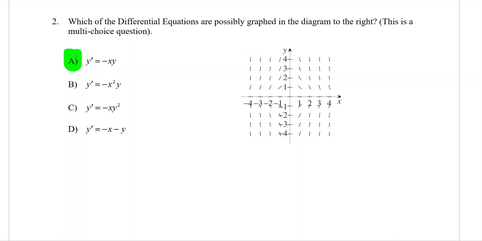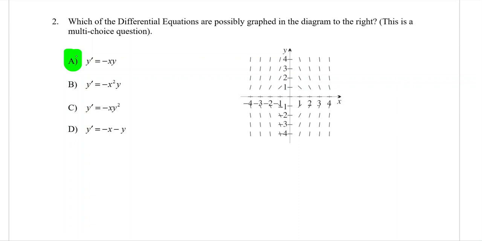So what you want to do is check the solutions by testing different points around your Cartesian plane. I'll start with the ones that don't work, and we can see why these ones don't work. Let's start down the bottom and work our way up. If we have y dash equals minus x minus y, one of the things that you notice about that slope field is that on the y-axis the gradient is always 0.